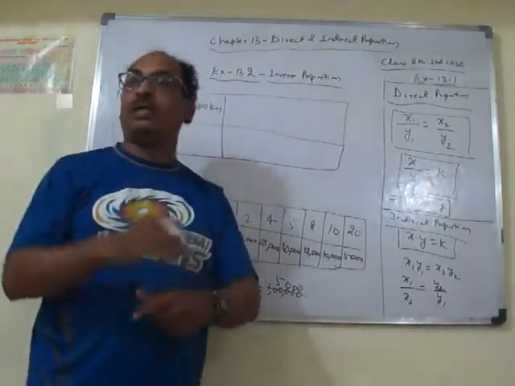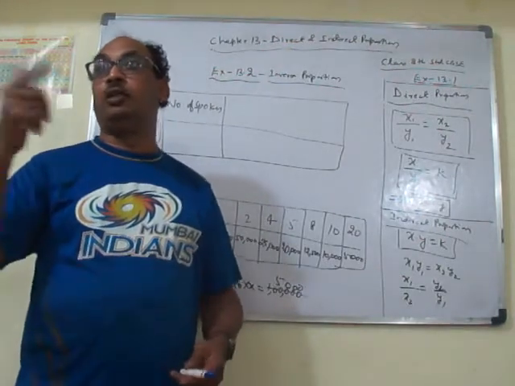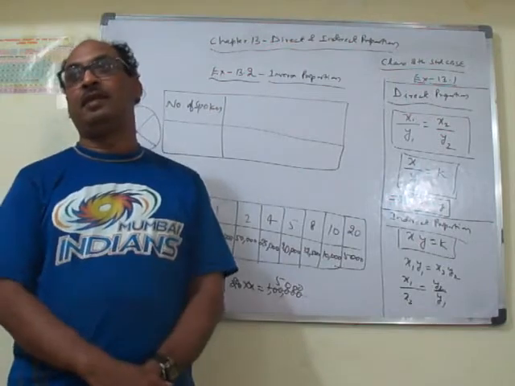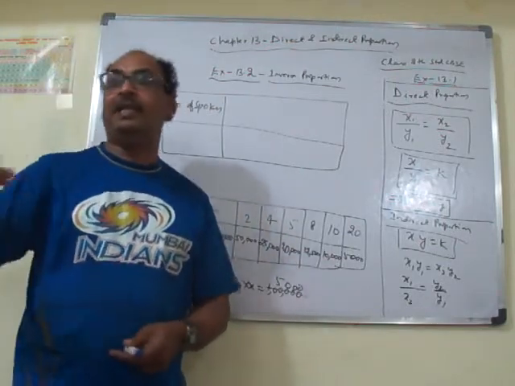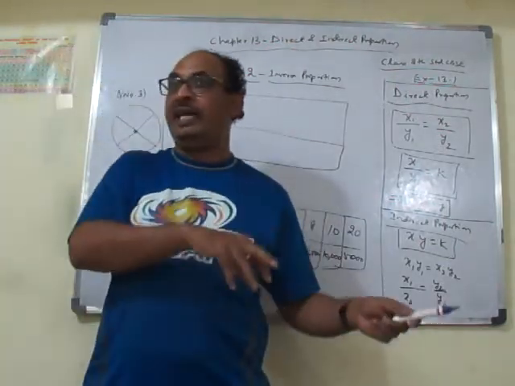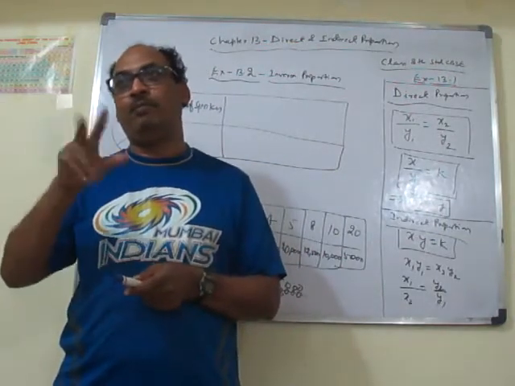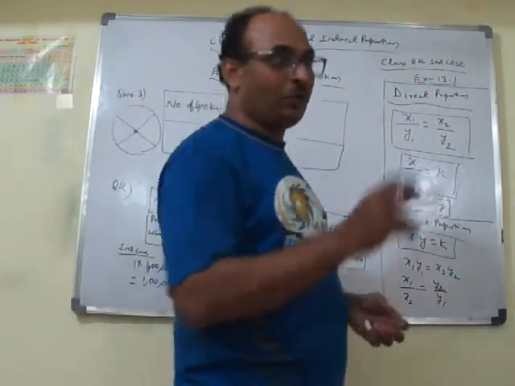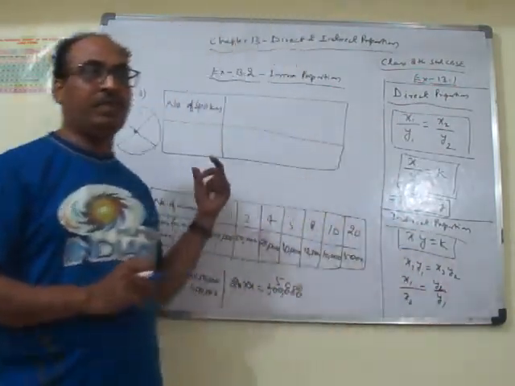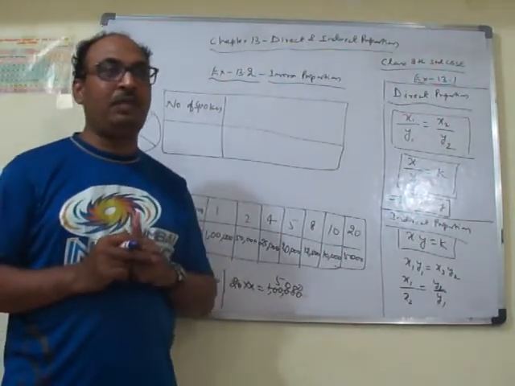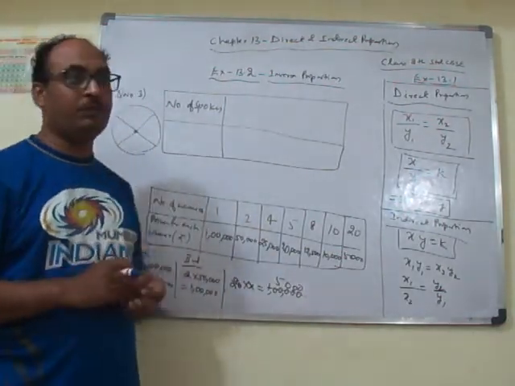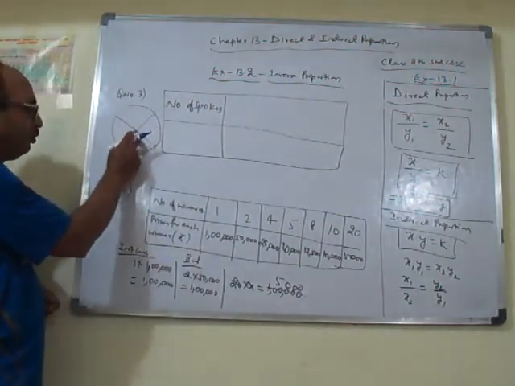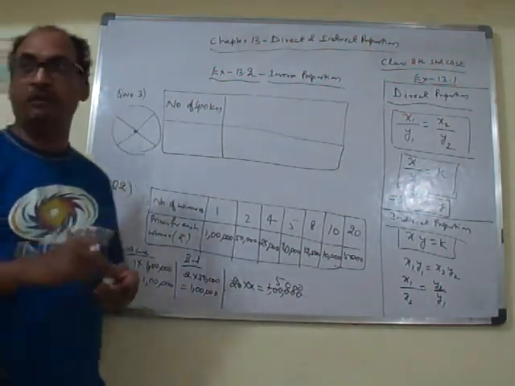Consecutive means one after another. Like consecutive numbers: 2 and 3, 5 and 6, 100 and 101, 99 and 100, not 89 and 99. Those will not be called consecutive numbers. So this angle will be equal, this angle will be equal, all equal angles.